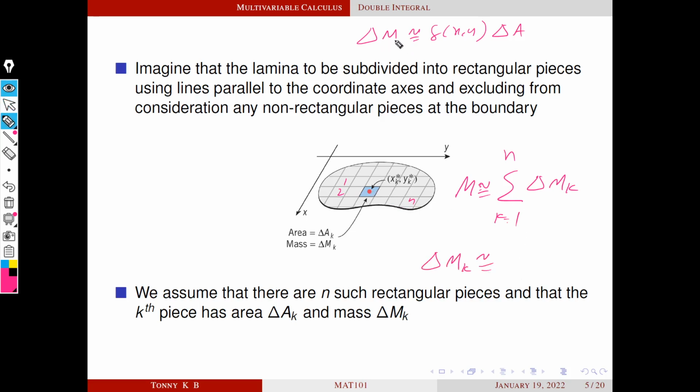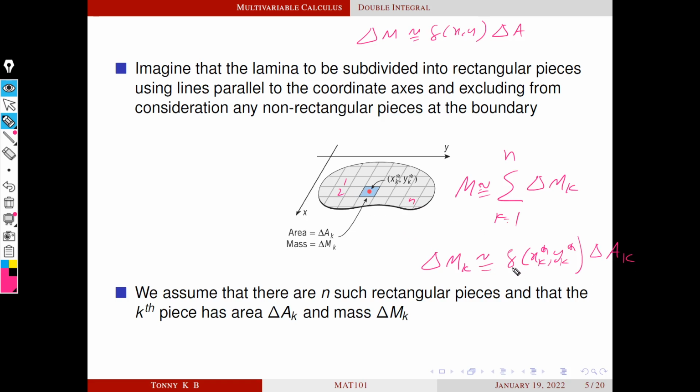We know that delta m is equal to delta(x, y) into delta A, where (x, y) is any point from that small element. Here we choose the arbitrary point (x_k star, y_k star). So we can approximate delta m_k by delta(x_k star, y_k star) into delta A_k, the area of the kth rectangle.